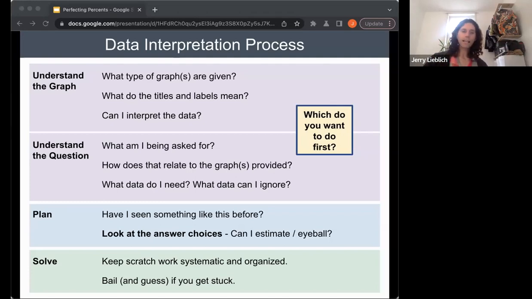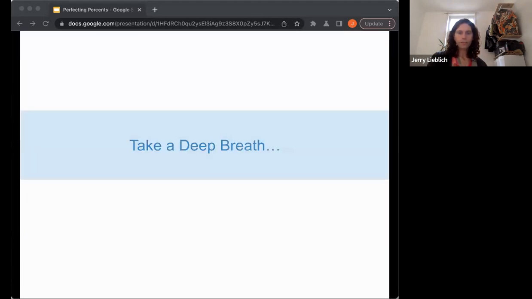So as we saw in this last one, taking that moment to look at the answer choices and realize we can estimate made the problem a lot easier. So let's try another question. Send me your answer when you have it.